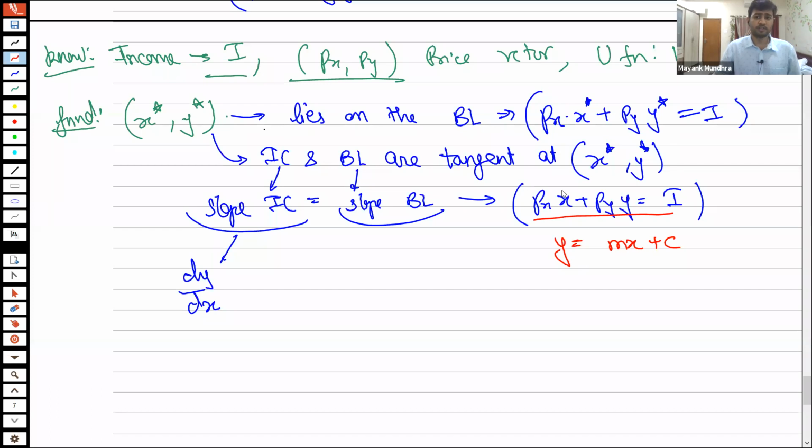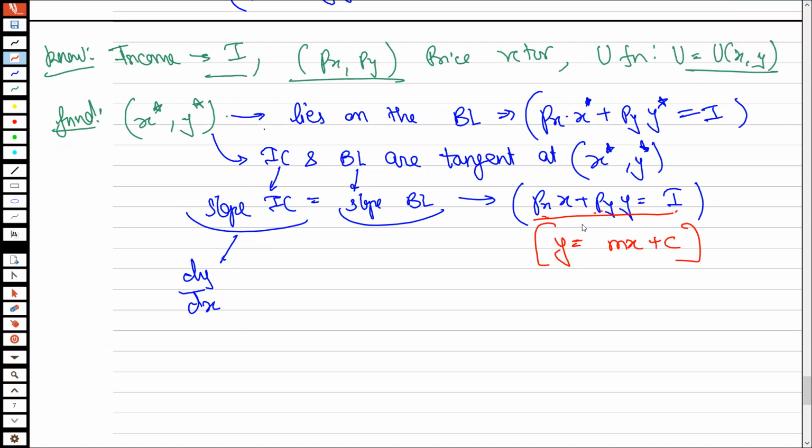Ananya, can you resolve this equation and tell me what would be the slope if the format is y equals mx plus c, in terms of Px, Py, and I? Sir, it will be minus Px upon Py.